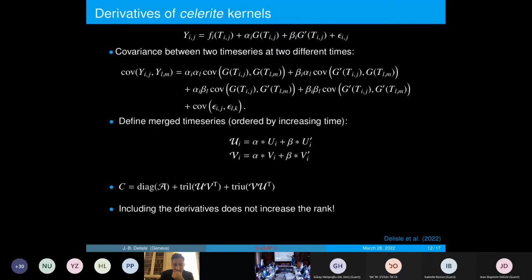And if it was not possible to have this factorization here, we would have 4 different terms, and 4 different terms mean that the rank would be multiplied by 4 and the cost by 16. So it's very nice to have this factorization that happened here.